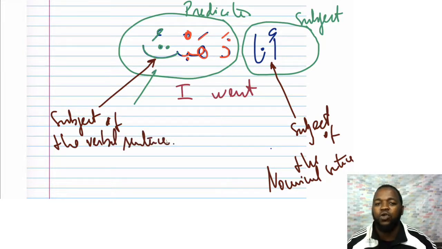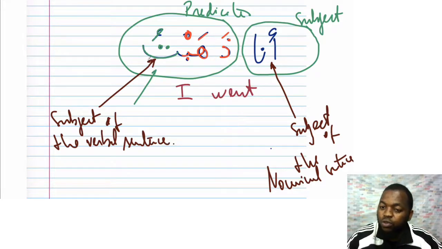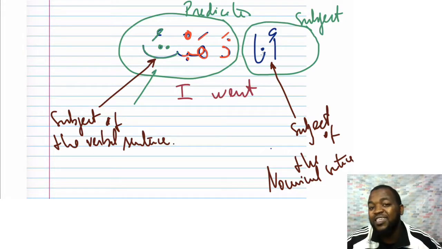This is how it works. So there are two subjects here. One is this tu, and the other is this ana.